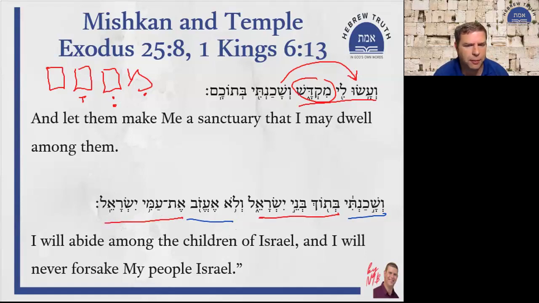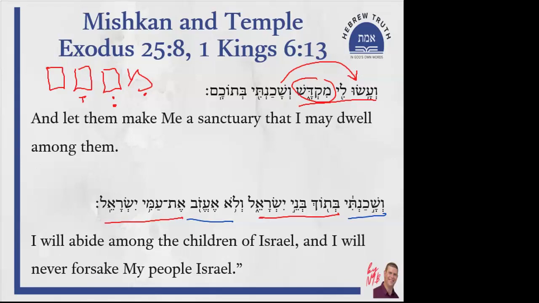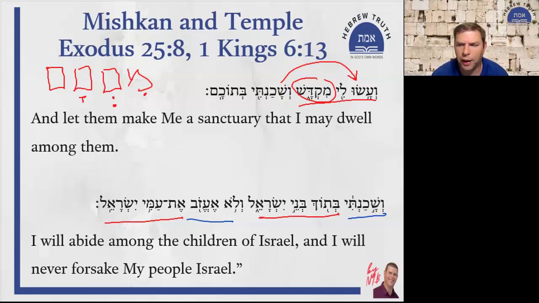What is the similar root in both verses? Shin Kaf Nun. Shin, Chaf, and Nun.